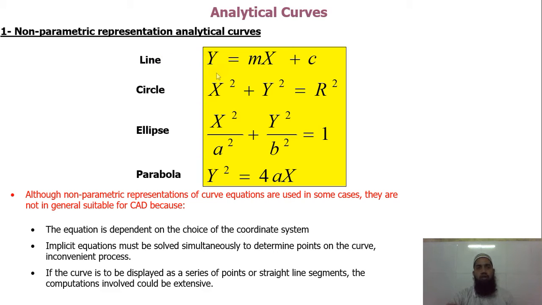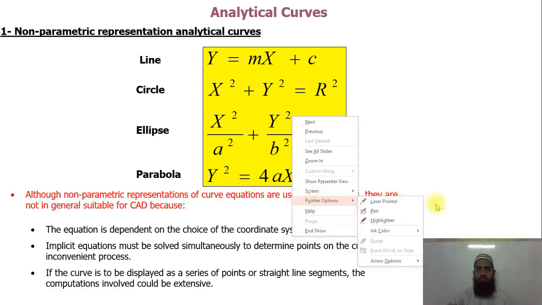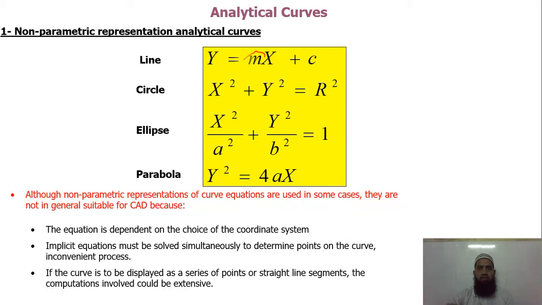As you all know, the line has the equation y equal to mx plus c, where m is called the slope and c is called the intercept.